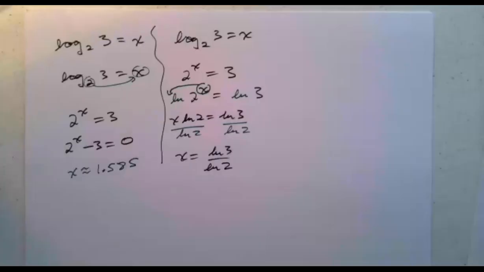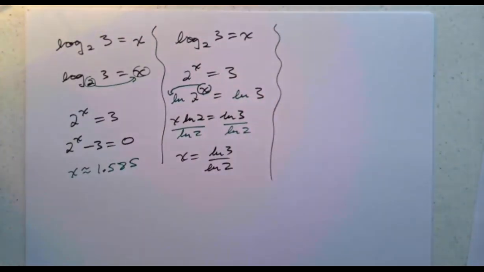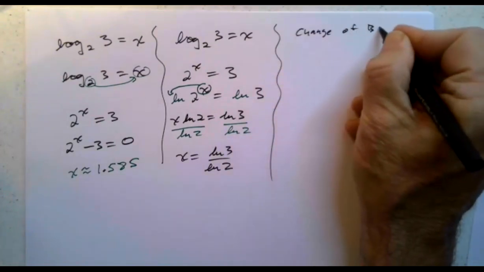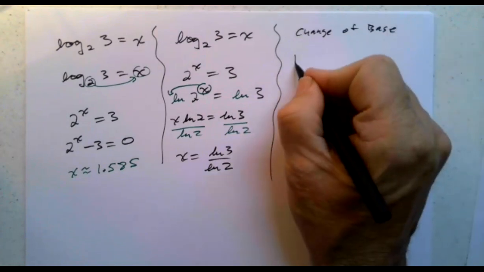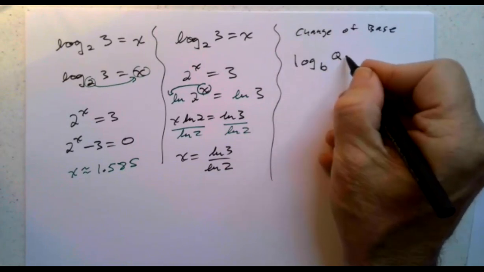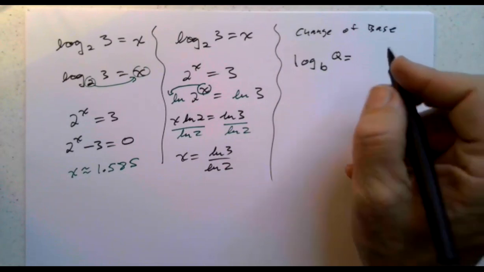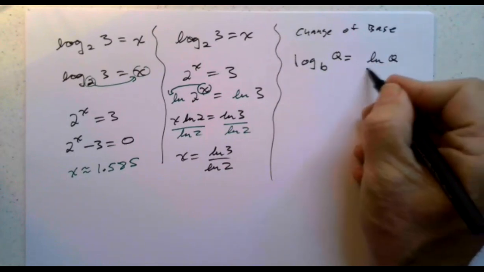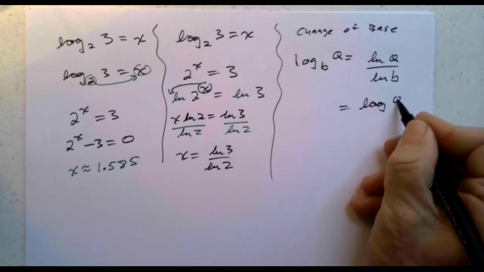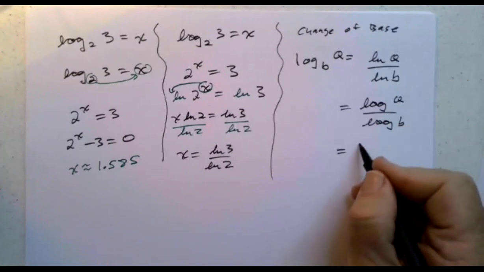And then there's one last shortcut way to do this, and that's the change of base theorem. If I have log base b of q, you can use a different base, like for example, log base 10 or log base e: natural log q over natural log b, or log base 10 of q over log base 10 of b, or any base you want.